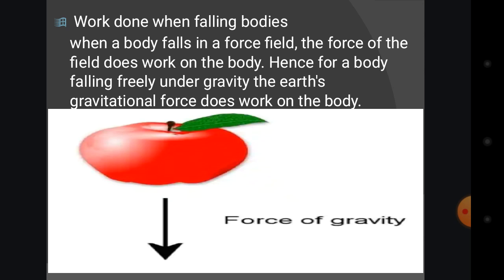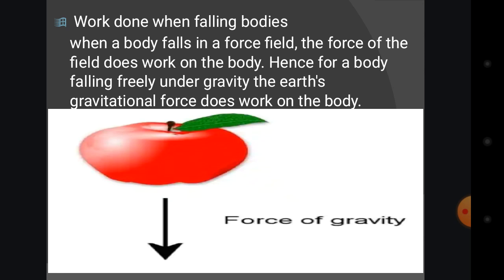So when a body falls in a force field, the force of the field does work on the body. Hence, for a body falling freely under gravity, the Earth's gravitational force does work on it. If you look at this statement, the Earth's gravitational force does work on it.